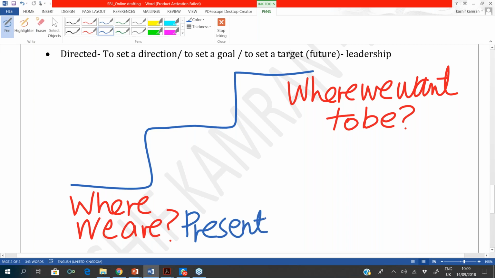And where we want to be is the future. And then something very important is here to here. The very important thing is how to get there.